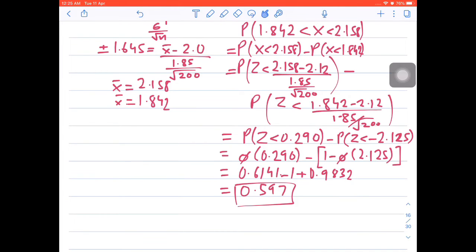I made a mistake over here. This is the variance, so this will also be under root. So that will give 0.397 and the other value will be minus 2.89.